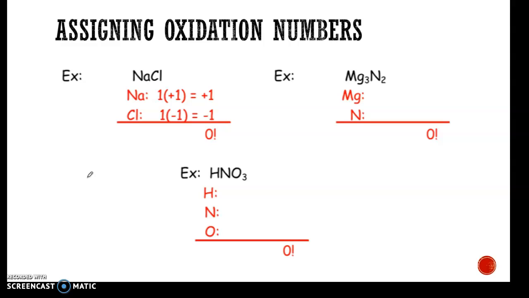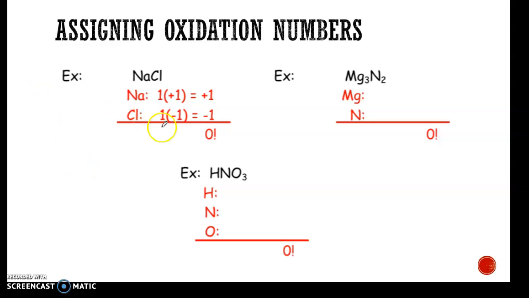Alright, so when we're assigning oxidation numbers, one thing you must be aware of is that the compound in total has a total oxidation state of 0, meaning it's a neutral compound. But the elements within the compound have their own individual oxidation states that cancel each other out.